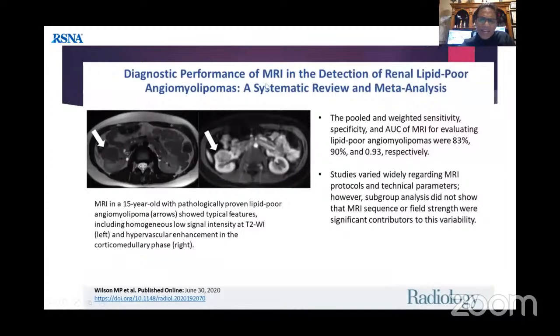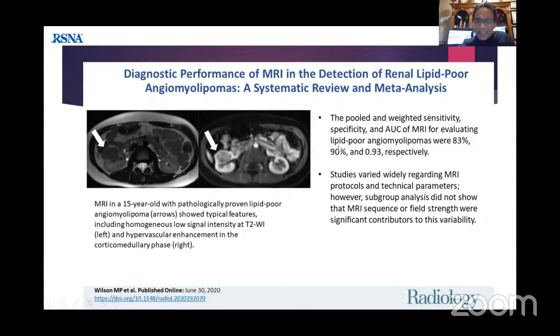Actually, this study was just published last month, which showed that lipid-poor angiomyolipomas on T2 weighted images show this uniform low signal, and they show moderate enhancement on corticomedullary phase.